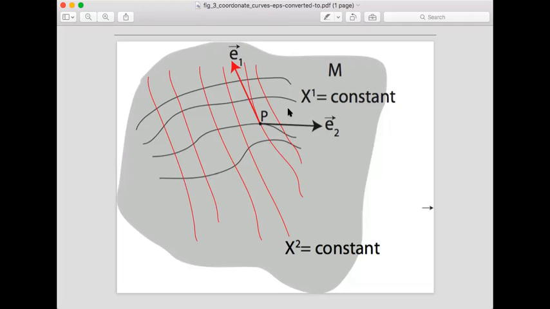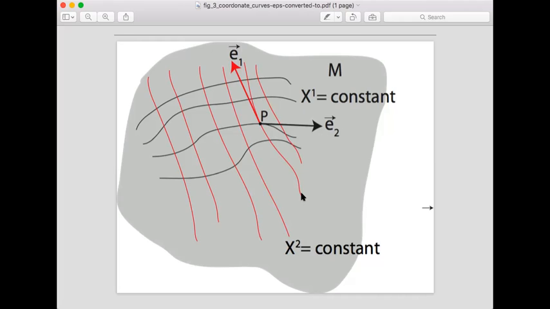I'm going to have the x1 coordinate curves, which are shown in red. So these red lines are the x1 coordinate curves, and along the x1 coordinate curves, x2 equals a constant. That's why I wrote x2 equals constant down here, to show that these red lines have x2 equal to a constant.